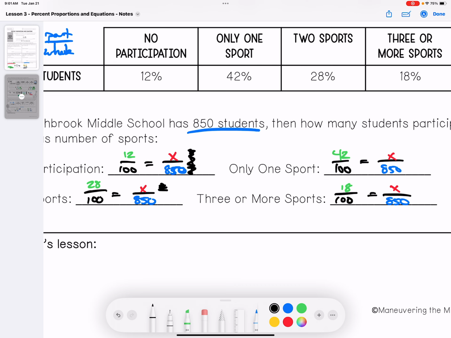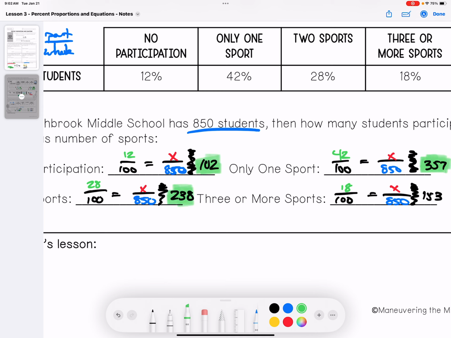All right, welcome back in. The answer to the first one is 102 students. The next one was 357. The next one was 238. And the last one was 153.